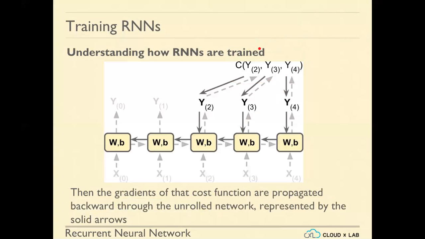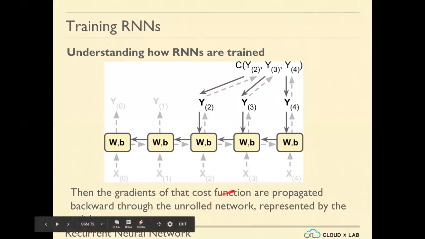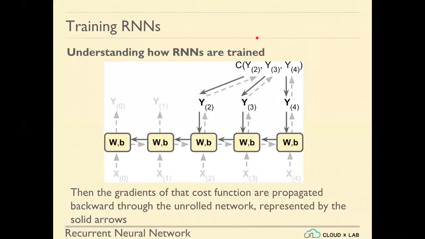Then the gradients of the cost function are propagated backward through the unrolled network. Exactly like usual backpropagation, we are going to find out the values of say y2, y3, y4, or any time window in general. Then we are going to find the cost function or the loss function. We compute how far we are from the actual.